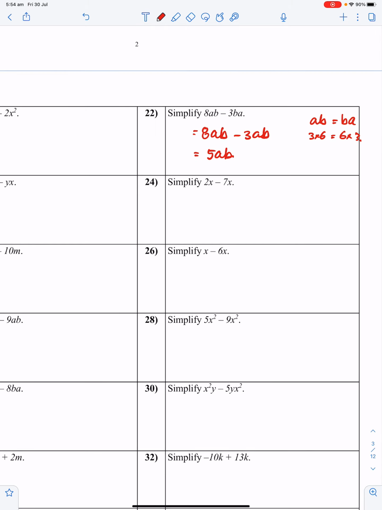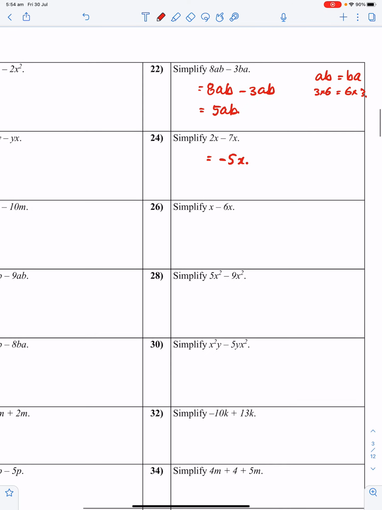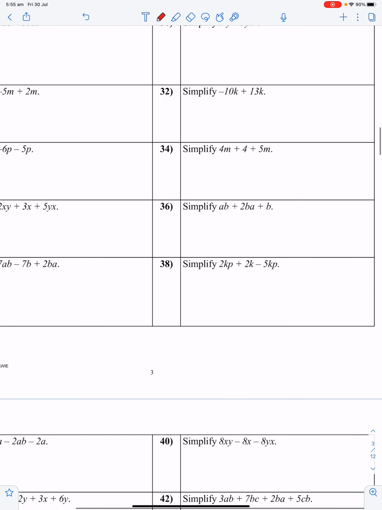Question 24, 2x minus 7x. Well, 2 take away 7 is minus 5, so 2x take away 7x is minus 5x. Question 26, x minus 6x is minus 5x. You get the idea. Let's move down now to question 34.